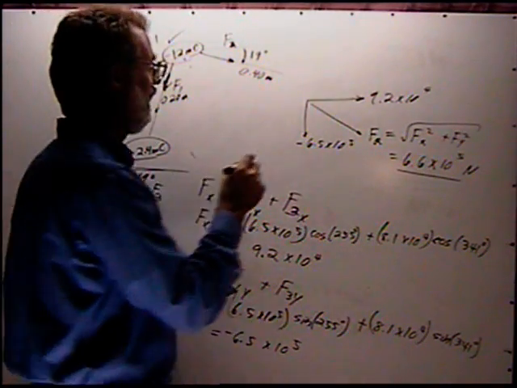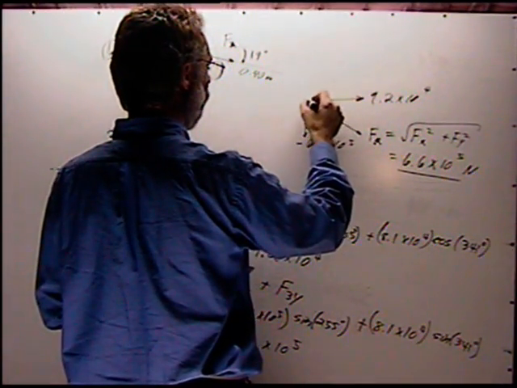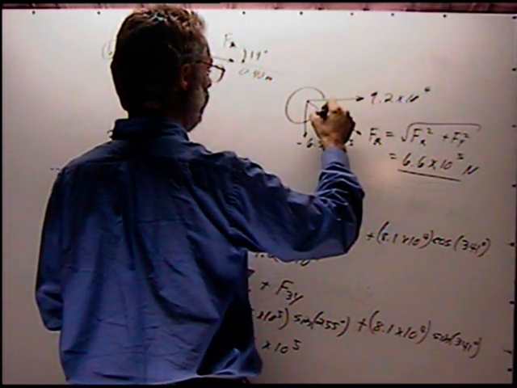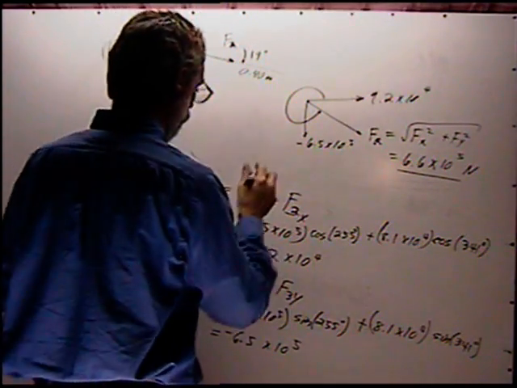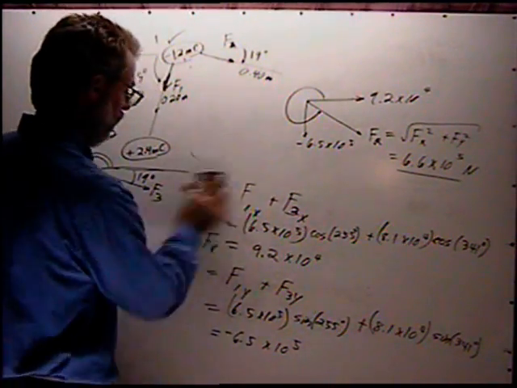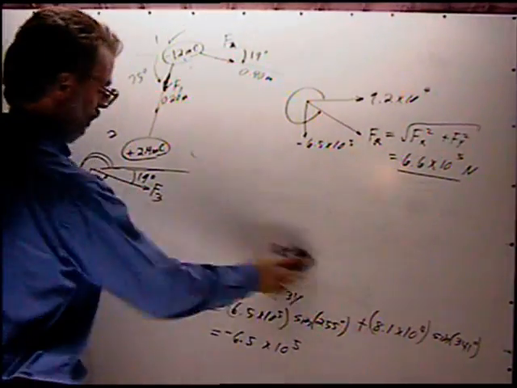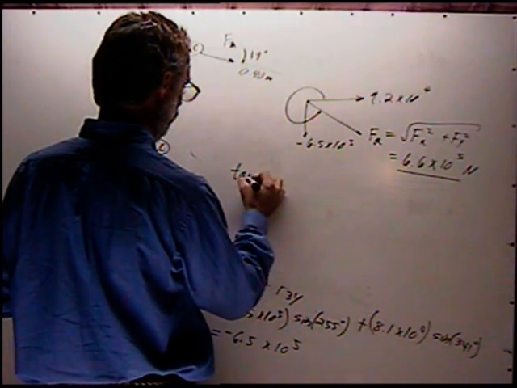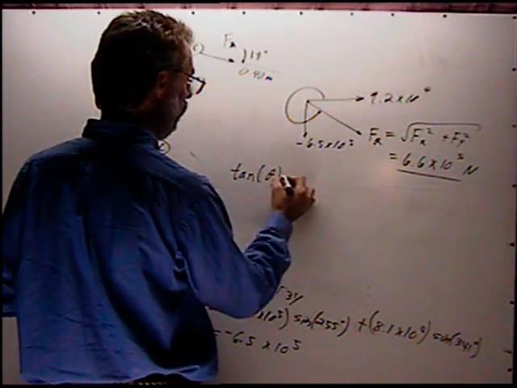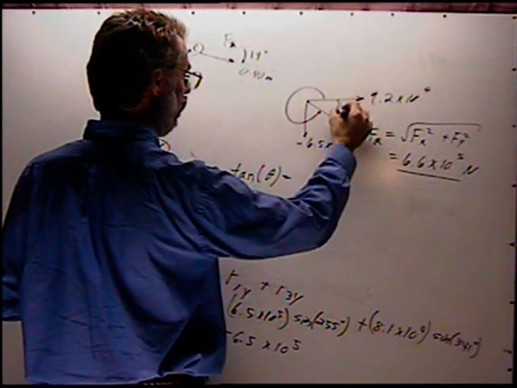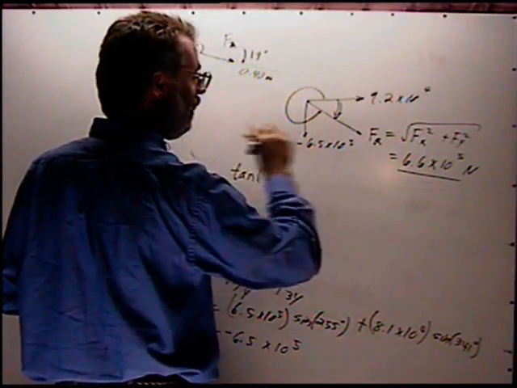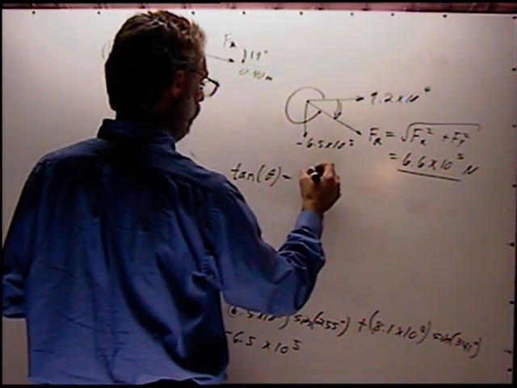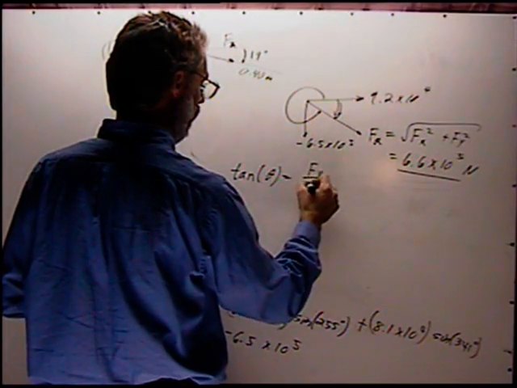Okay, and this angle from here all the way to here. Well, first of all, remember the tangent of this angle right here is the y divided by the x.